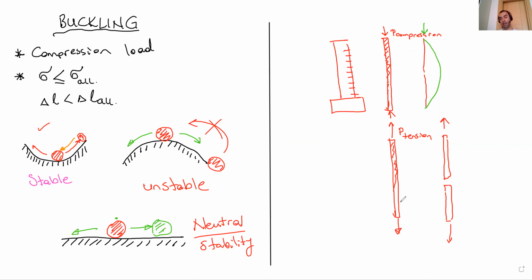If we compare the tension load capacity and the compression load capacity of this ruler, we will see that P tension is really greater than P compression. We have the same material and the same member, but the behavior of the member under tension and compression is completely different.